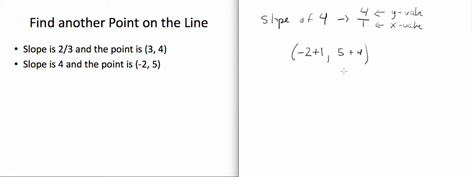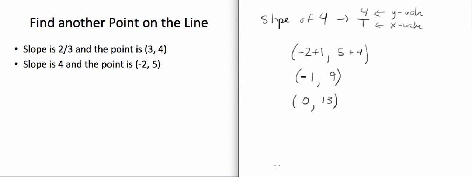And we end up with -2 plus 1 gives us a -1. 5 plus 4 gives us 9. Could continue on. We'd end up with 0 and 13 if we continue on with the pattern there. Same thing goes if our slope was negative. We'd put the negatives to the y value, have the positives be the x values, and we would add the x's and then end up subtracting the y's.